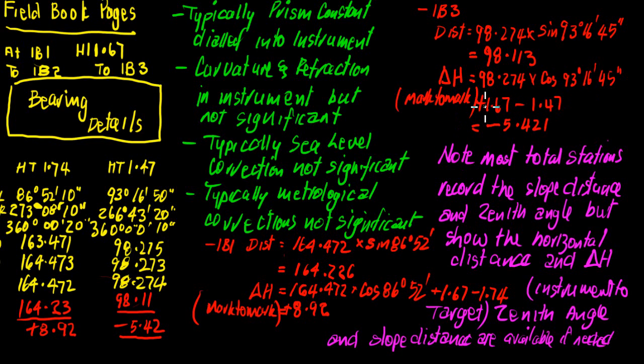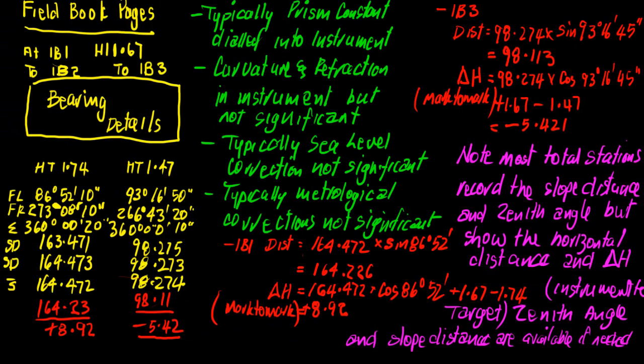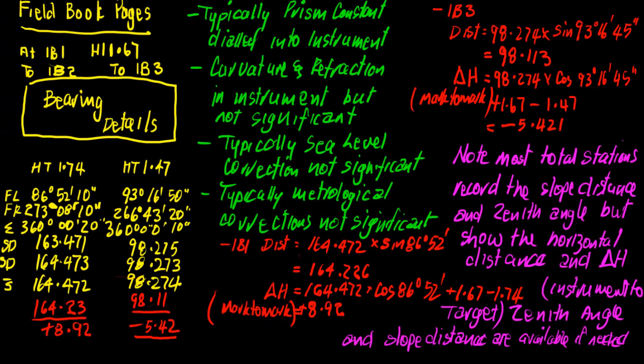That's mark to mark, plus 1.67, our height of instrument, minus the height of target, 1.47, gives us negative 5.421, which I've rounded to 2 decimal places and put here as minus 0.42. So, yeah, that's just a pseudo sort of what might happen in your field book, or part of a field book.